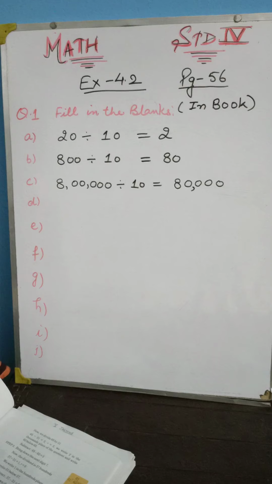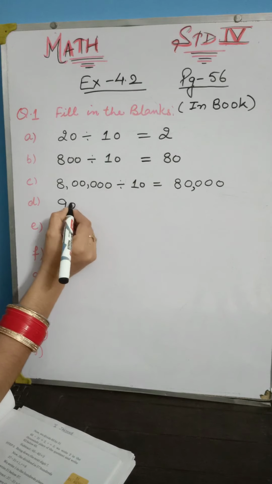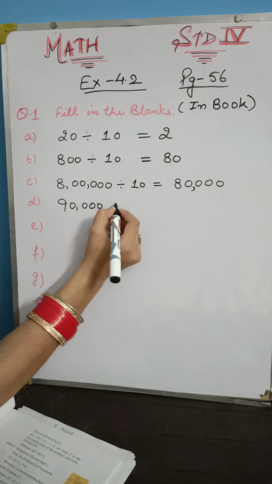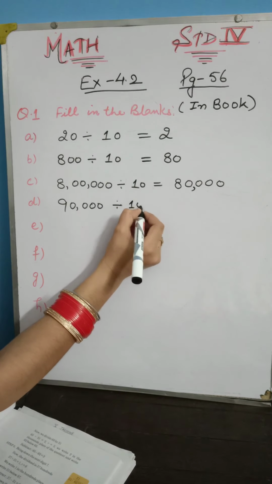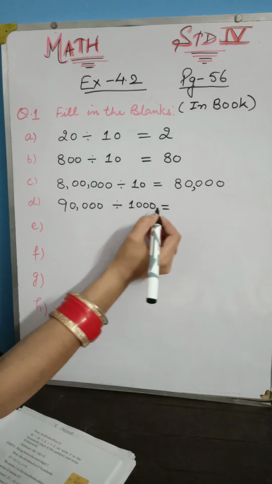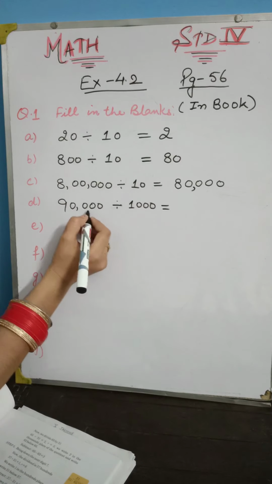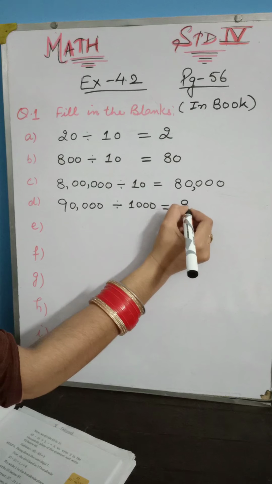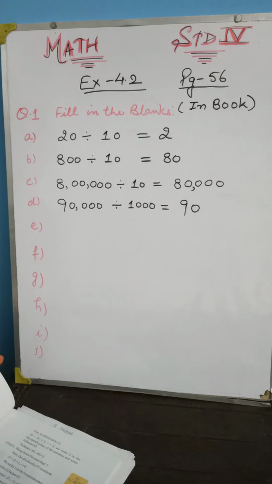Next part, let's say K part in your book. 90,000 divided by 1,000. So 1,000, 3 zeros. 3 zeros will cancel out. What is left? 90.